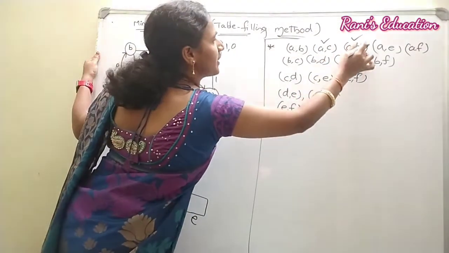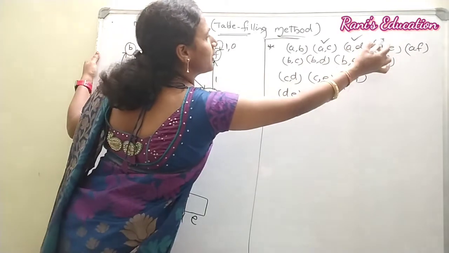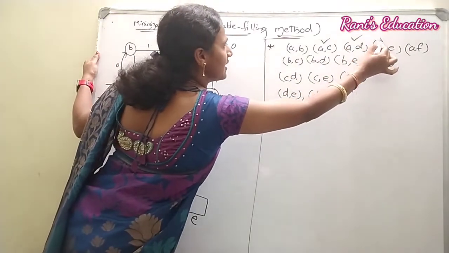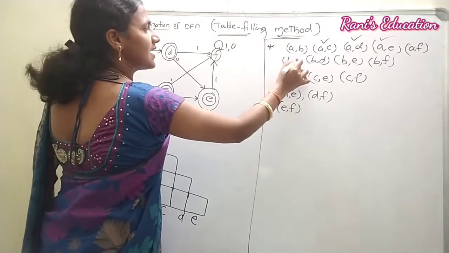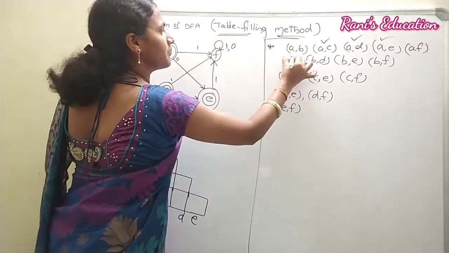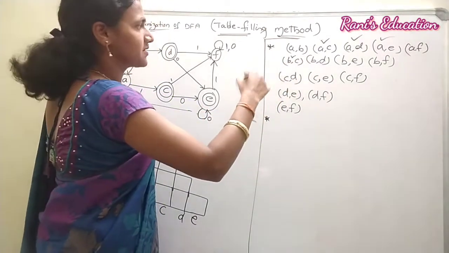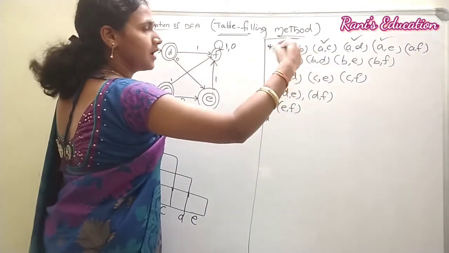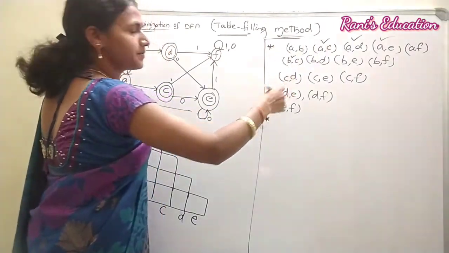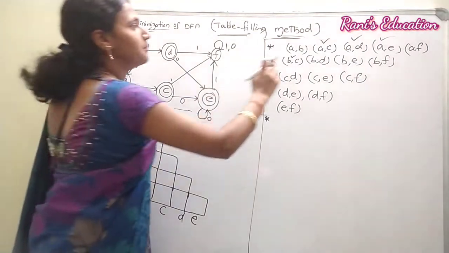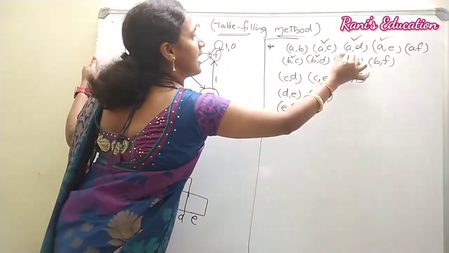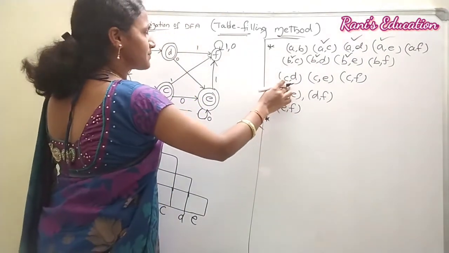A is non-final, D is final. Then A is non-final, E is final. With respect to B, C is final, B is non-final. So we are going to mark those in the table. First we need to identify which state pairs we are going to mark in the table: BC, BD and BE.